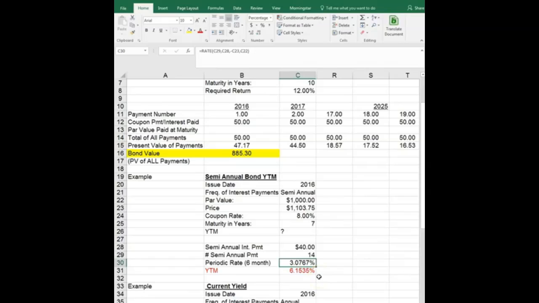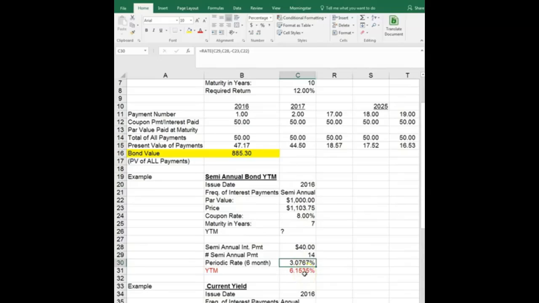The periodic rate is the 6-month rate. Using the rate function in Excel, we could also use the financial calculator, have it compute the I. When we do so, that's going to be a 6-month rate because we put in 6-month interest payment and 6-month time periods.